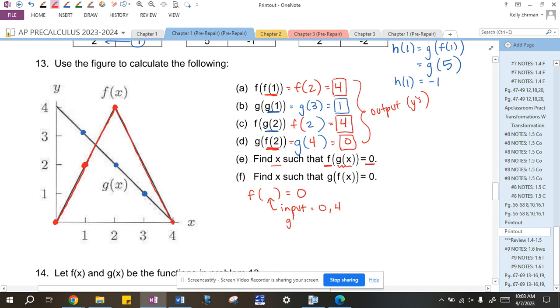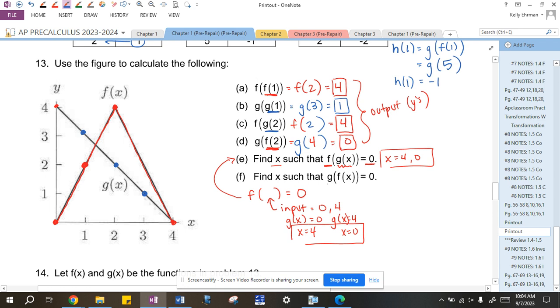So when is g of x equal to 0, and when is g of x equal to 4? g of x is equal to 0 at x equals 4. g of x is equal to 4 when x equals 0. So this is E: x equals 4 and x equals 0.